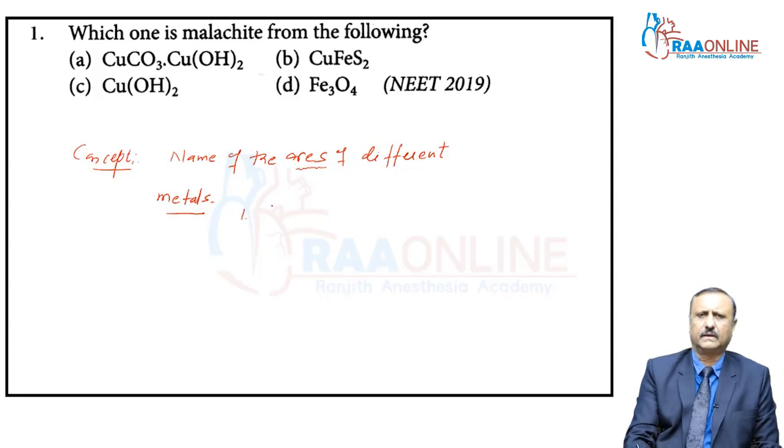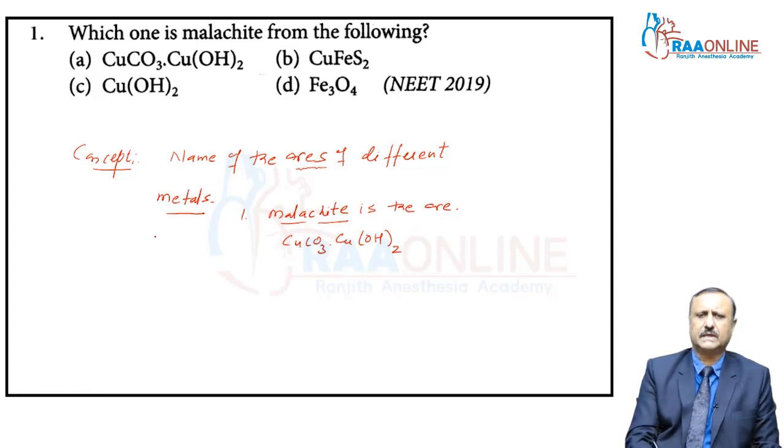For this, here we can see malachite. My dear students, malachite is the ore of copper, and the formula is CuCO3·Cu(OH)2. My dear student, this is the formula CuCO3·Cu(OH)2.